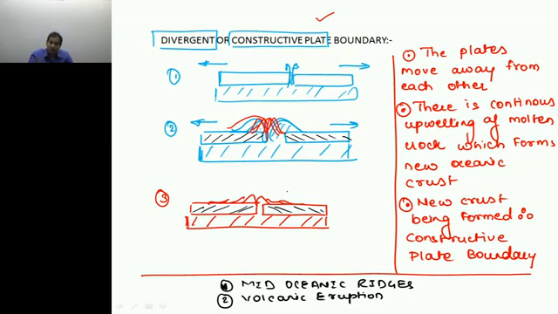As a result of this, the volcanic eruption associated here is a silent kind of volcanic eruption, where there is a continuous upwelling of magma, as against the general idea of a volcanic eruption, which is very violent, blowing away the top of the mountain. So they are associated with a kind of volcanic eruption known as fissure eruption.